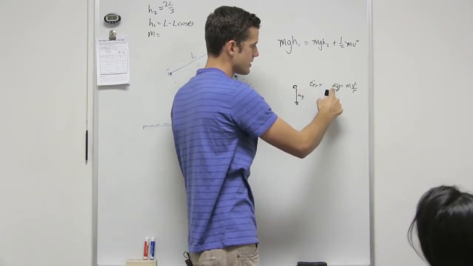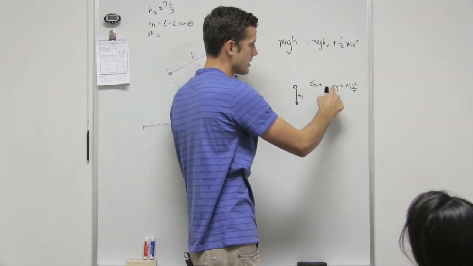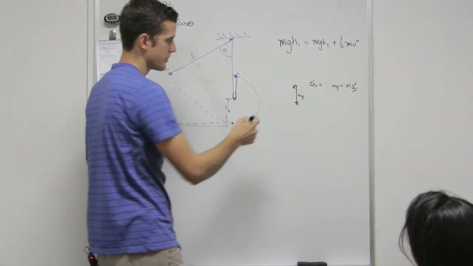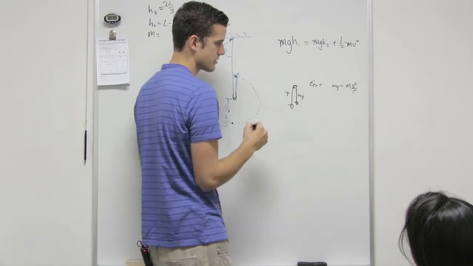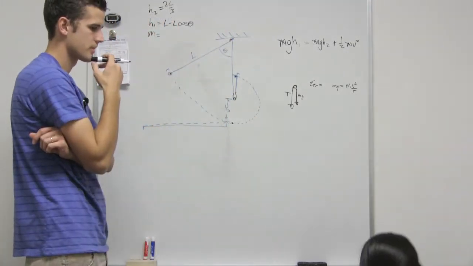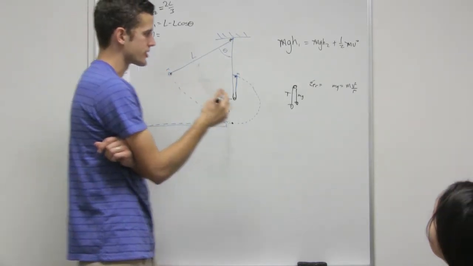How did the tension turn to mv squared over r? Oh, because that's your sum of forces. This is a free body diagram, and you have your tension. Right, but there's no tension in the equals part. Right, because these are your forces.